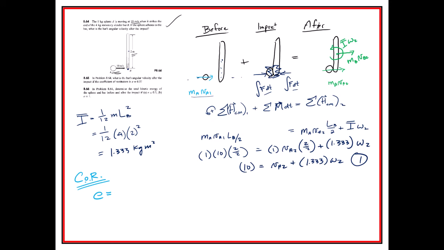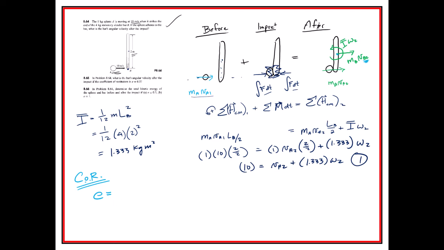We want to be careful, because I used VB to represent the center of mass of this thing, which isn't necessarily true. Well, no, I'm sorry, it will be true.